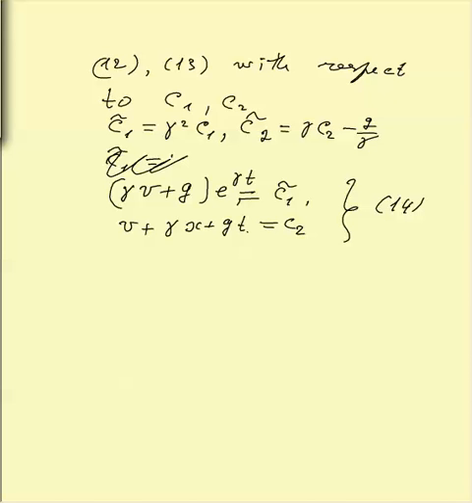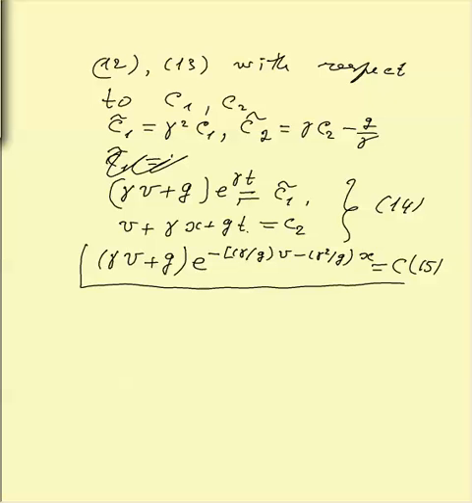We obtain the following conservation law, which is free from time t, namely gamma times v plus g multiplied by exponent in the power minus, and in the brackets, gamma divided by g times v minus gamma square over g times x, equals c, equation 15.